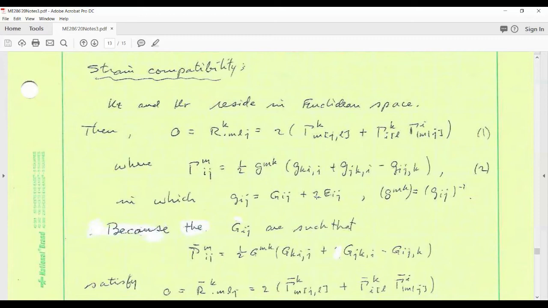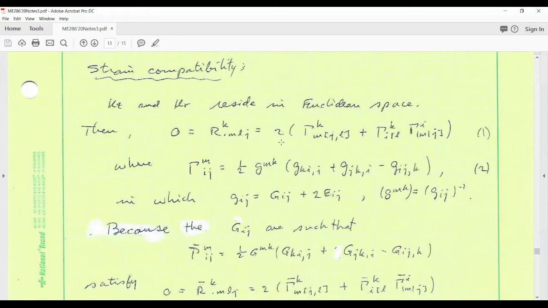So we stipulate that the configurations of the body reside in the normal Euclidean space of our common experience, right? So we see these in a space that we identify as Euclidean space, going back to the time of Euclid and before. So we know in a Euclidean space, for example, that our so-called Riemann-Christoffel tensor, this four-index fourth-order tensor, is zero, right?